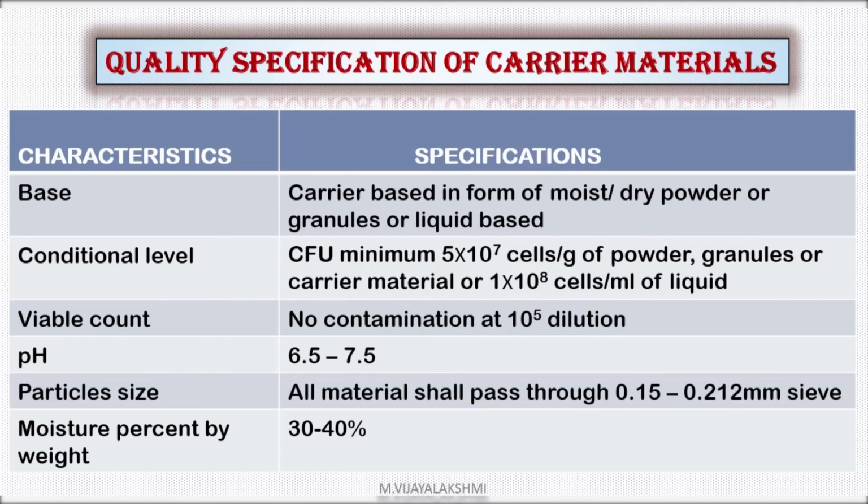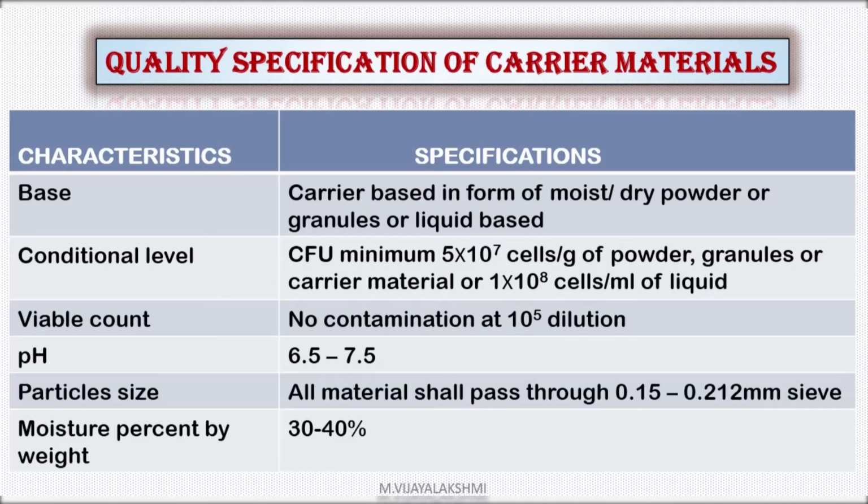Next, the viable microbes or live inoculants are detected by serial dilution technique. This technique is suitable for detecting the number of contaminants. Particularly in the dilution of 10^5, if you are not observing any contaminants, then go for pH range, particle size and moisture content detection.